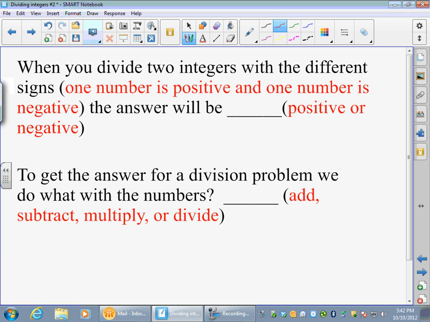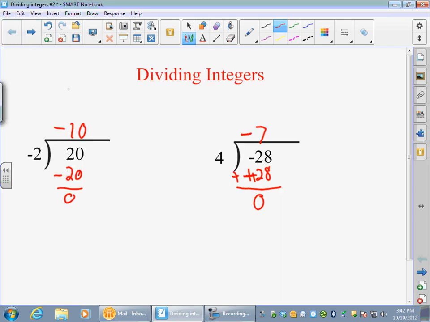So for our rules, when we divide two integers with different signs, one's positive and one's negative, what's the answer going to be? Well, in both of these cases, here the negative was on the outside, here the negative was on the inside. Both of them, the answer was negative.